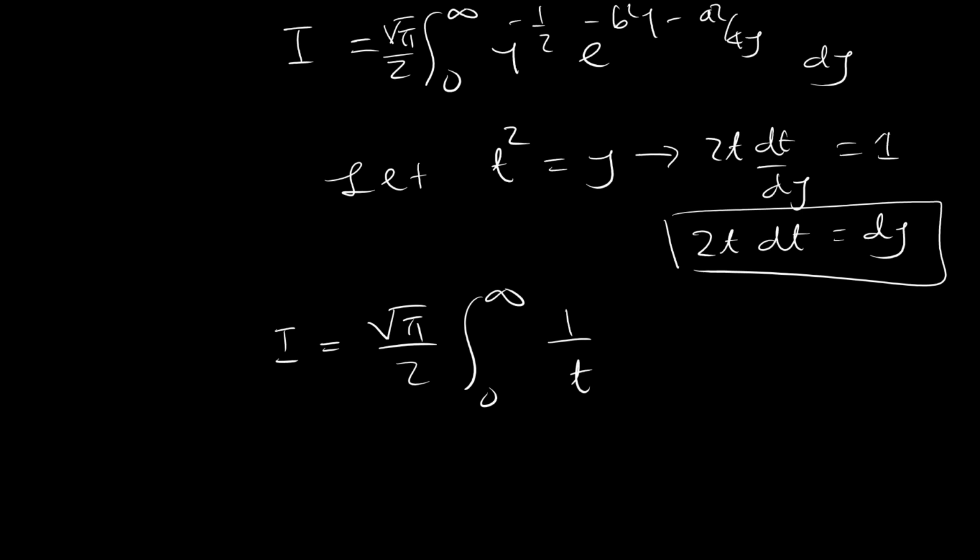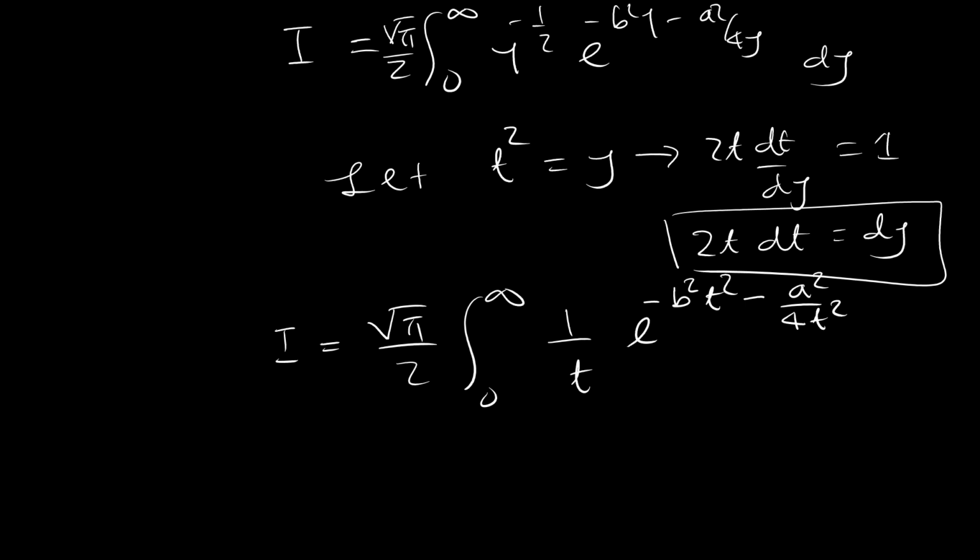And then we have e to the power negative b squared, y is t squared, right, minus a squared over 4t squared, which is good.